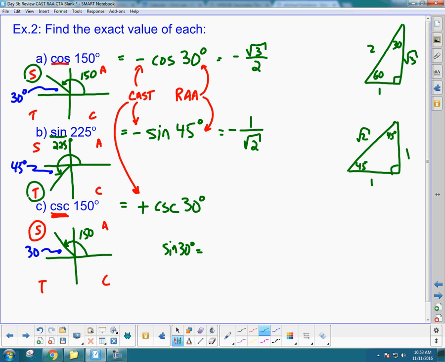For example, I could just somewhere else go sine of 30 is opposite over hypotenuse is 1 over 2, and then reciprocate it and put your answer up here. Or you can write this, and this might be a bit of an overkill.